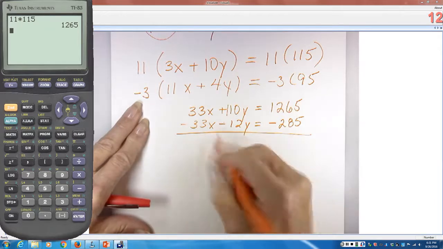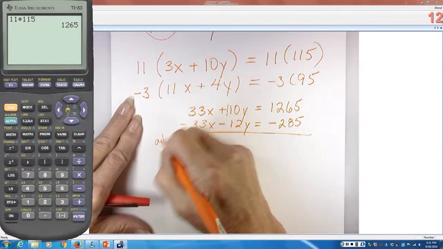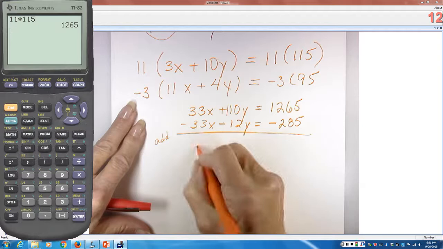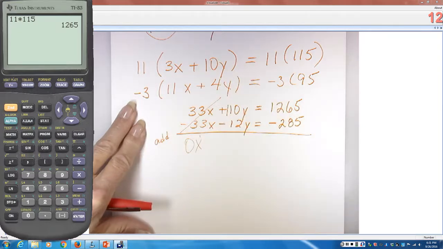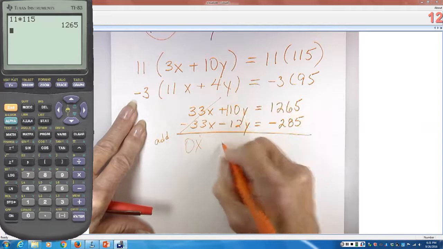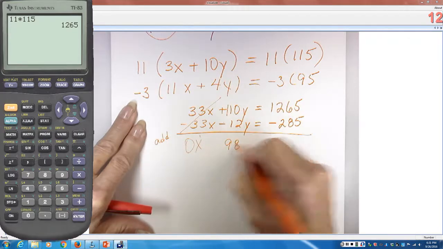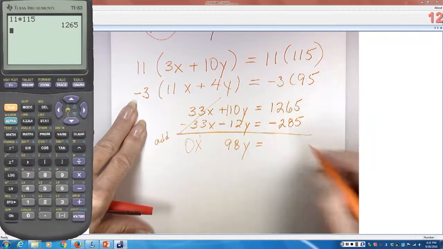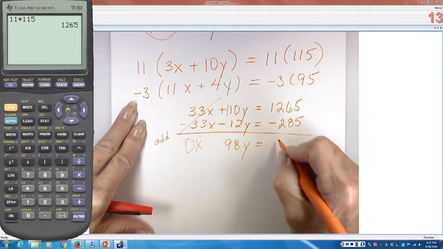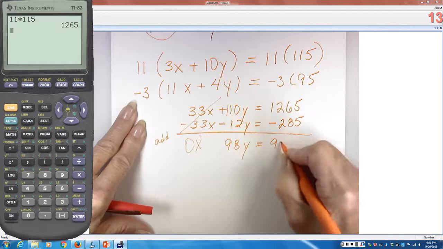And when I add these together, I get 0 x's, which you don't even have to write down. And 110 minus 12 is 98. And 1265 minus 285 is 980.